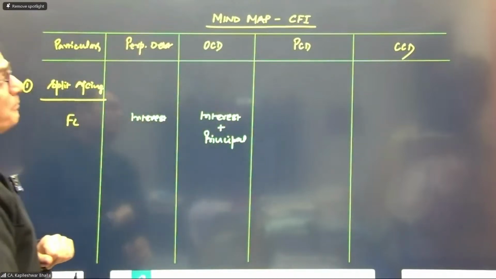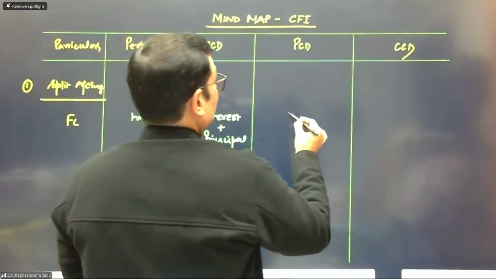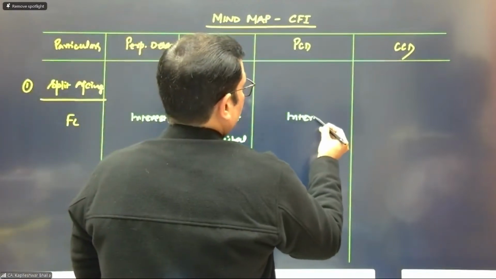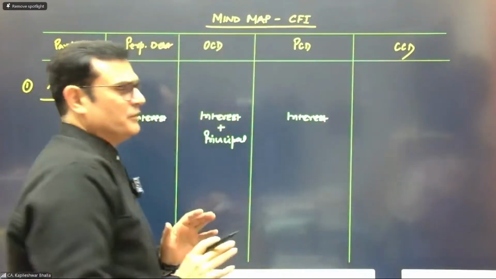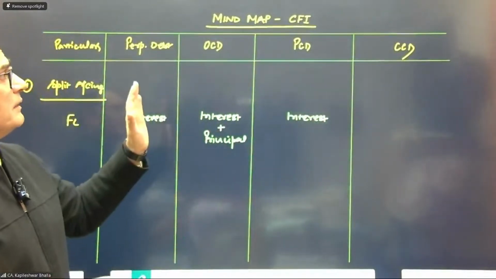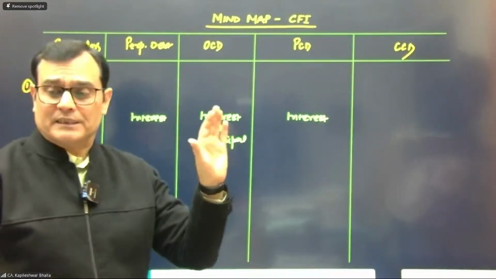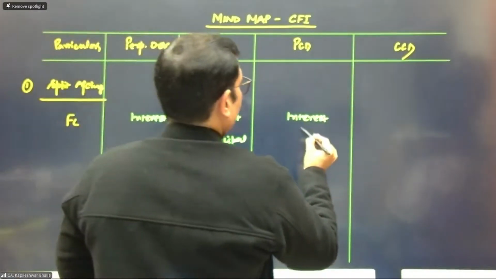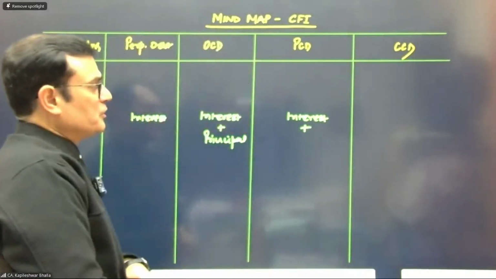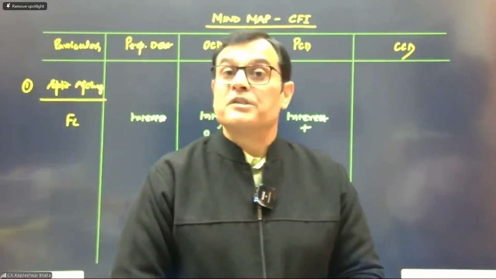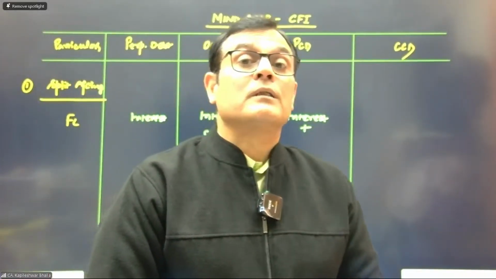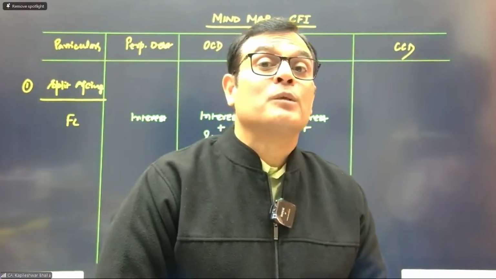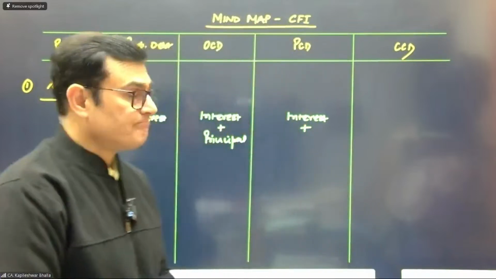In terms of partially convertible debentures, we definitely took the interest into account, interest or dividends, whatever you can call it. Since I made a mention of debenture, I'm calling it interest. And are you going to consider the entire principal, or which principal? The convertible portion or the non-convertible portion? Non-convertible portion.